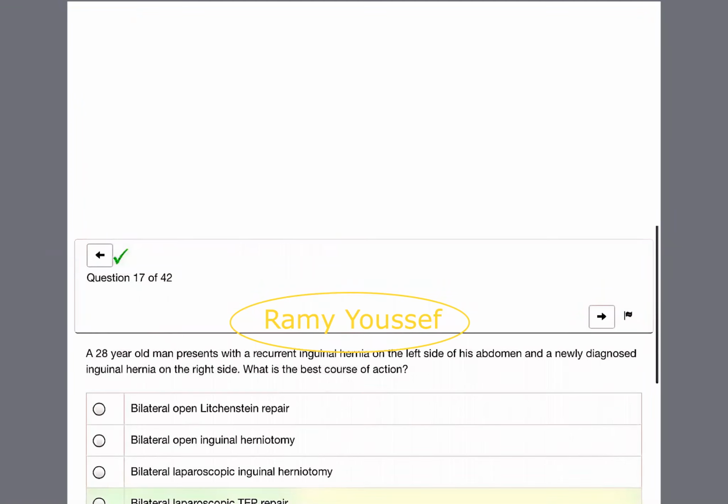One side is recurrence and the other side is a new hernia, so it is laparoscopic.